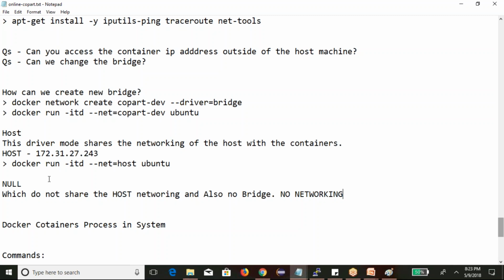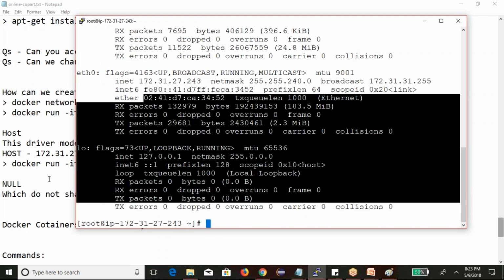You do not get any network related services. The container will be running, all the processes will be running inside the container, everything will be as it is, but without the network. You have not installed the Ethernet or the interface, you don't have an IP address, you don't have anything. So, no network.